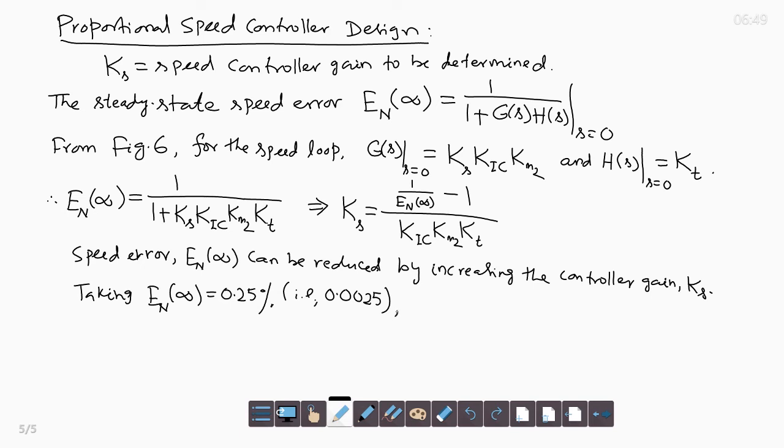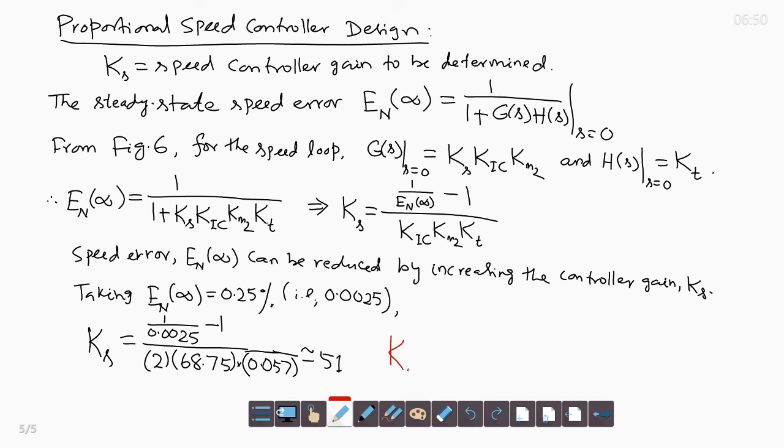So with this, the speed controller gain Ks is 1 upon 0.0025 minus 1 whole divided by the gains 2 into 68.75 into 0.057, which is nearly equal to 51. So this is one design value. Speed controller gain Ks is nearly equal to 51.